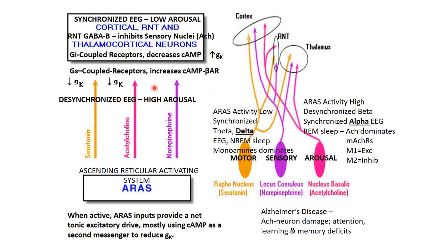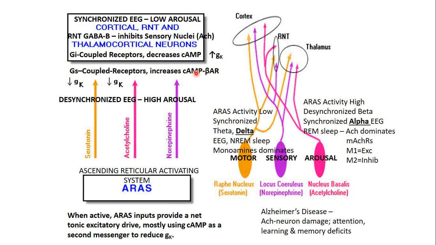There's more than one way to skin a cat. We can also have the same effect as blocking the beta-adrenergic receptors through the GI-coupled receptors. Remember, G stands for a G protein. The G protein is on the membrane of the neurons. And while the GS protein increases cyclic AMP, I might as well tell you what the S stands for.